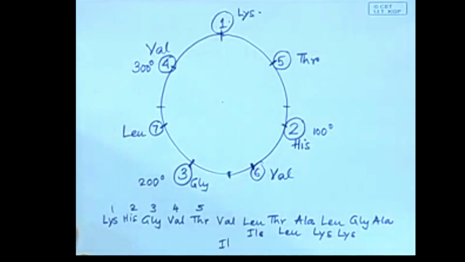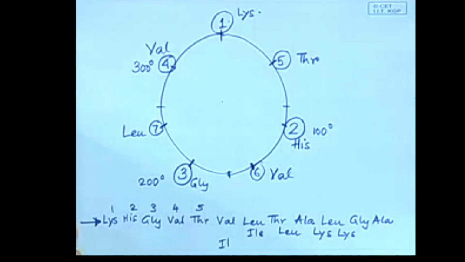So what can you do? You can construct the whole helical wheel. What do you need to know? All you need to know is this sequence, and you need to know that for every residue the rotation is 100 degrees. That's sufficient information for you to construct your helical wheel.